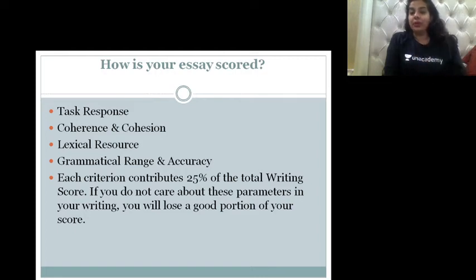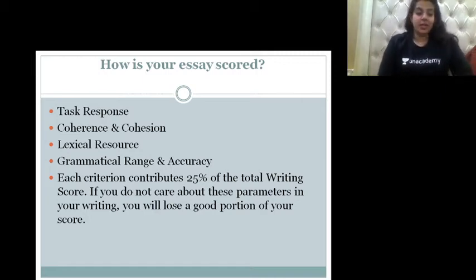How rich your vocabulary is, how many kinds of synonyms you can use for a particular word. That is also very important. If you keep on repeating one word continuously, suppose you're talking about a topic and you need to repeat that word, you must know some adjectives, some synonyms of it so as to make it more beautiful. You have to beautify your essay also.